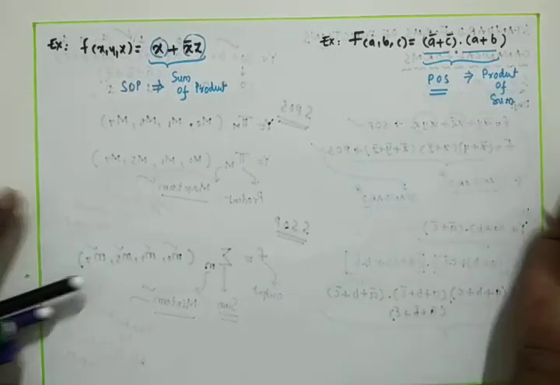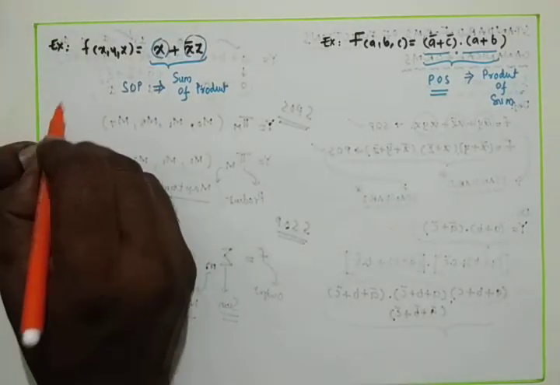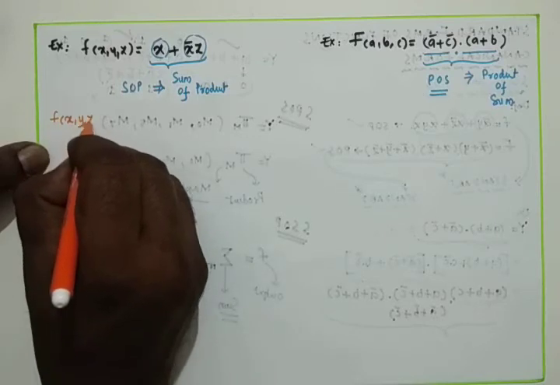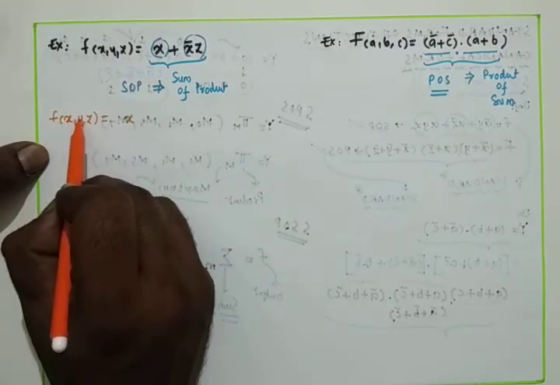Our question is to convert these given expressions into their standard form. Standard form means each and every term in the output expression, or the Boolean function, is required to have all the literals. Then I am going with the first example, f of x, y, z is equal to x. The inputs are x, y, z.